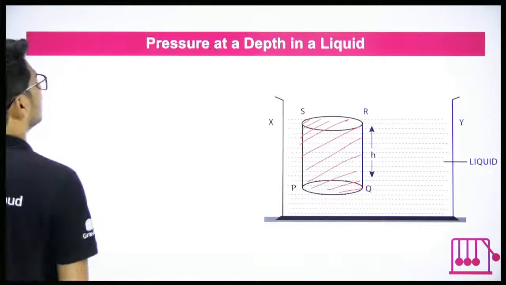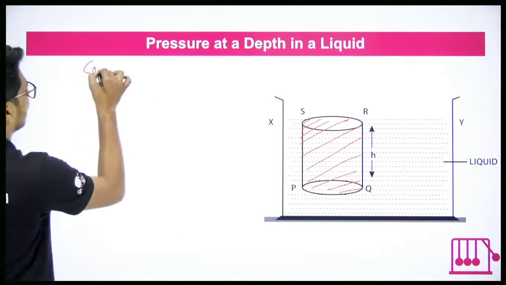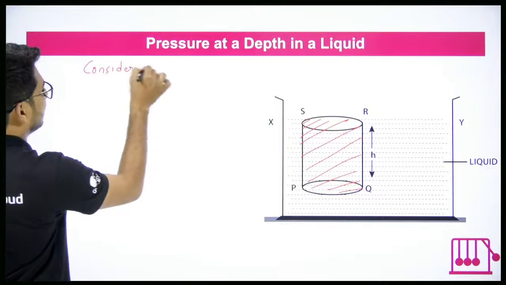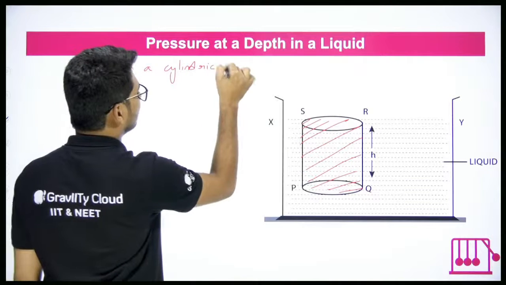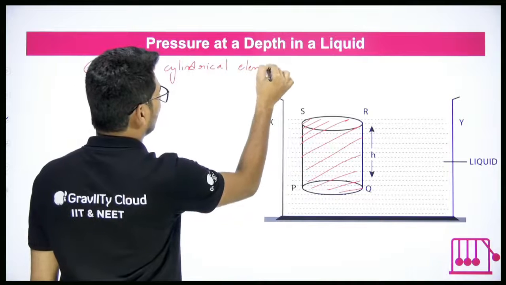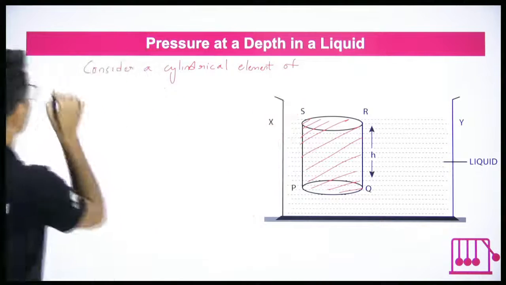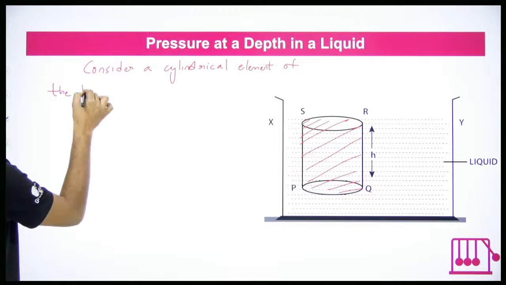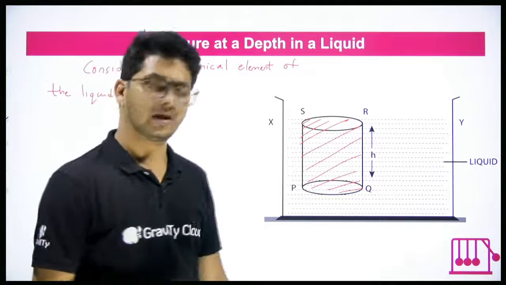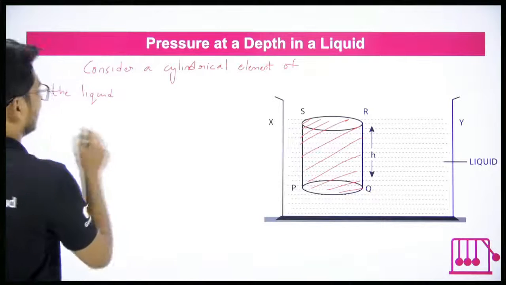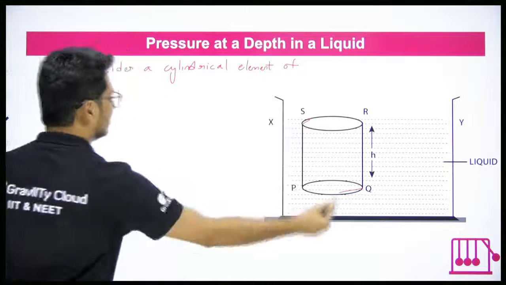Okay. So here, consider a cylindrical element of the liquid. Now, cylinder will make it easier to do it. That's why we are taking cylinder.